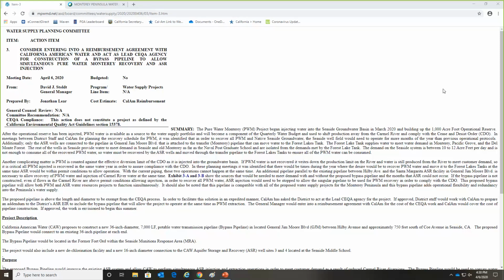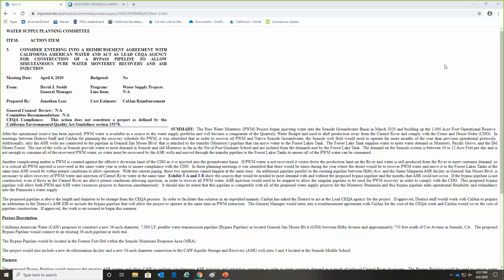So this is just based on costs we had in the past, depending on the details of it. We have not, of course, bid it out yet, but based on prior costs, we're probably looking in the $4 to $5 million range for this project. And right now, we're treating it as part of the water supply project.